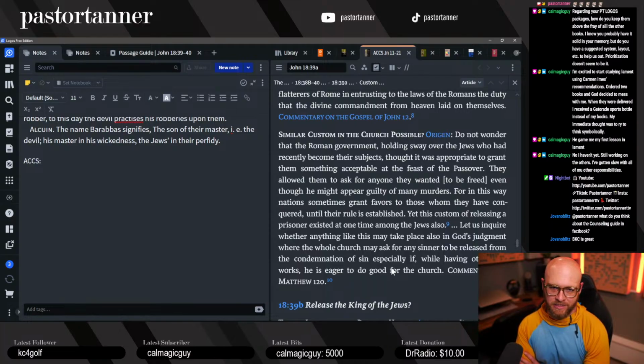I think this is a bit of an over-allegorization, right? And I'm not prone to criticizing anyone on allegorizing the text, but the idea that we release a prisoner who has been condemned for murder is equivalent to releasing a Christian from condemnation of sin, to me is just a bit of a stretch, although it might have scapegoat ideas.